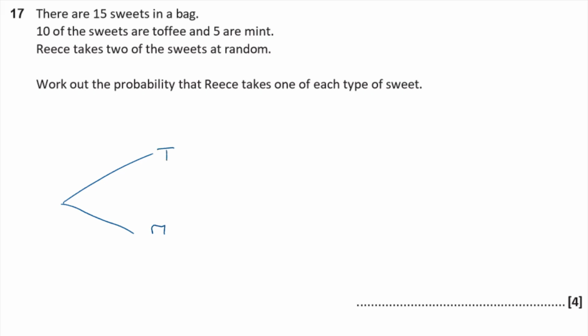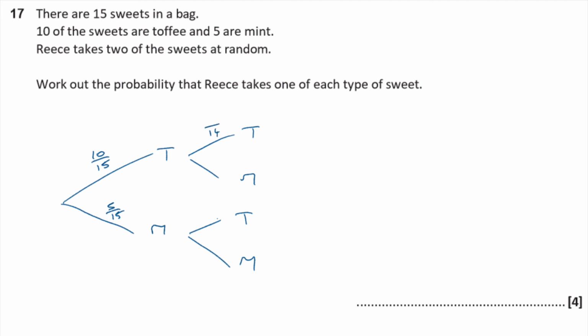I'm going to have toffee and mint on the first selection, and then if I choose toffee, I've got a toffee and mint selection second time, and if I choose mint, I've got a toffee and mint selection the second time. Okay, now on the first selection there are 15 sweets in the bag, 10 of which are toffee, so I've got a 10 chance in 15 of selecting a toffee and a 5 chance in 15 to select a mint. On my second selection, I've got 1 fewer sweets.